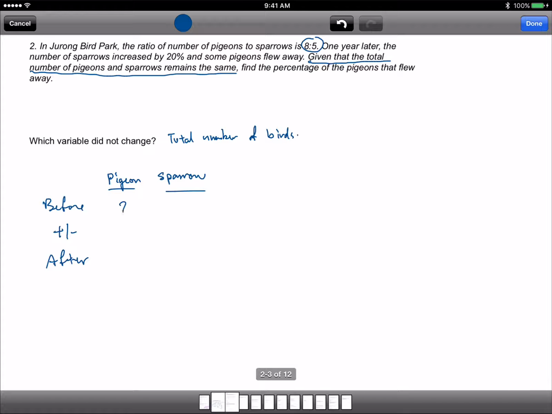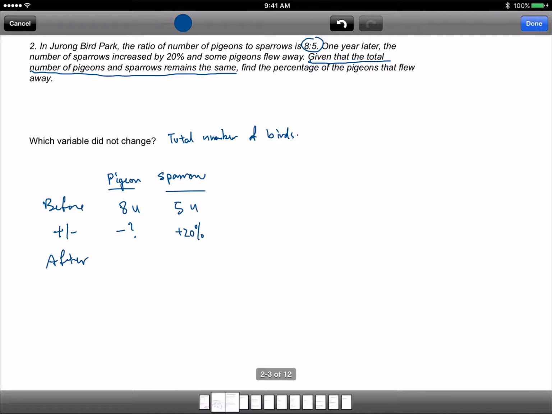So I have 8 units and 5 units here. So 1 year later, number of sparrows increased by 20%. So this plus 20%, and some pigeons flew away. So this is a question mark.